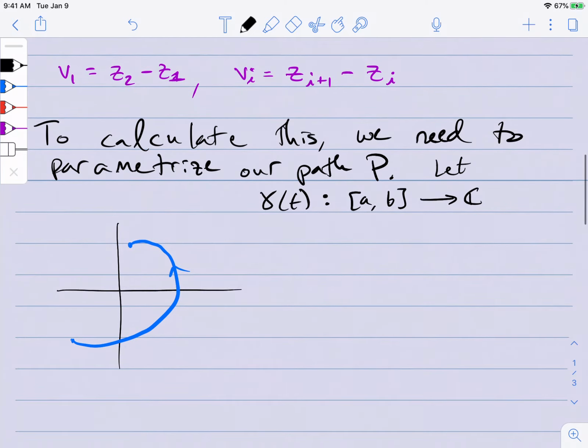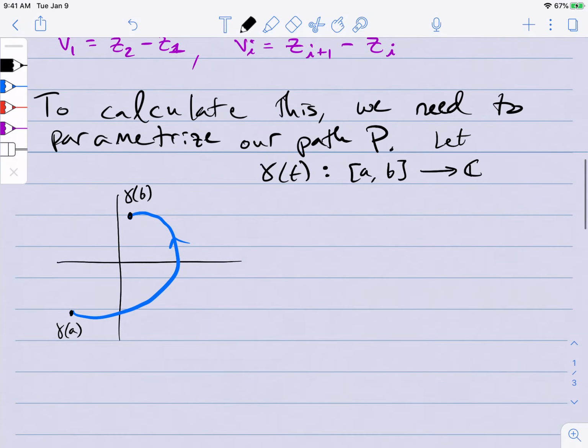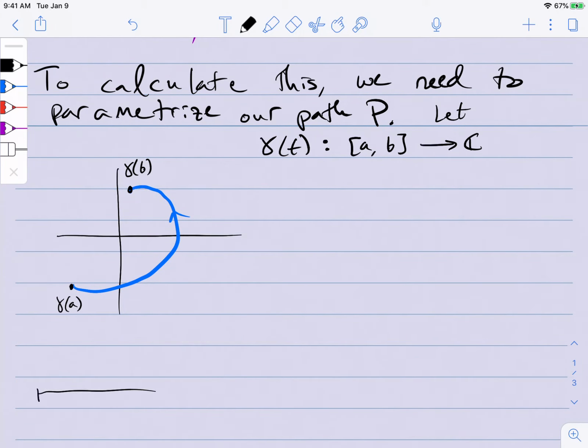So this is gamma of a, here's gamma of b, and so I can represent this function gamma from the interval to the complex numbers like this. Okay, and so now one way to break up the path p is just to break up the interval in the domain of gamma.